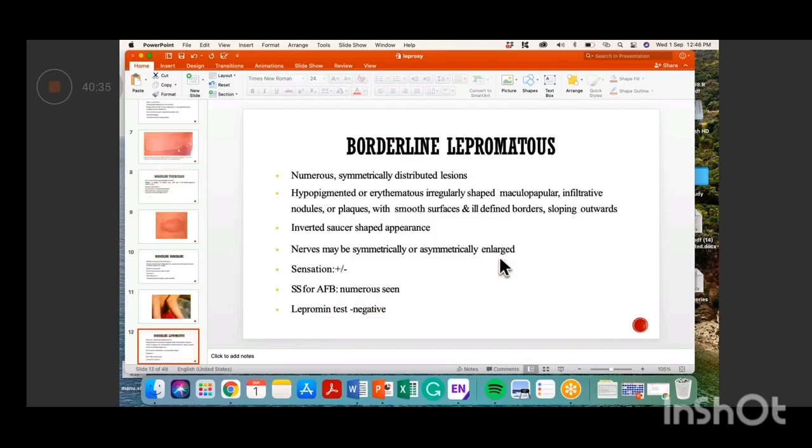Now, borderline lepromatous leprosy usually has numerous, symmetrically distributed lesions. They can be multiple, hypopigmented, or irregularly shaped maculopapular infiltrating papules, plaques, and nodules with smooth surface and ill-defined borders. It can have an inverted saucer-shaped appearance. The nerves may be symmetrically or asymmetrically enlarged, and there may or may not be any sensory loss.